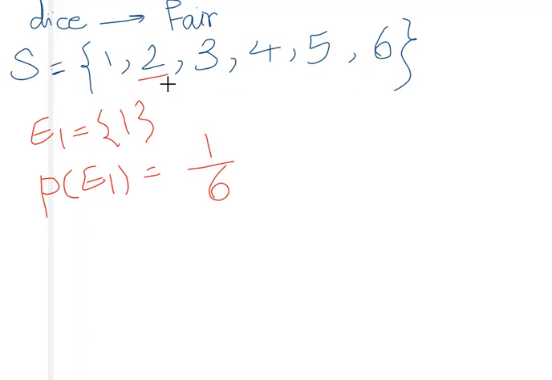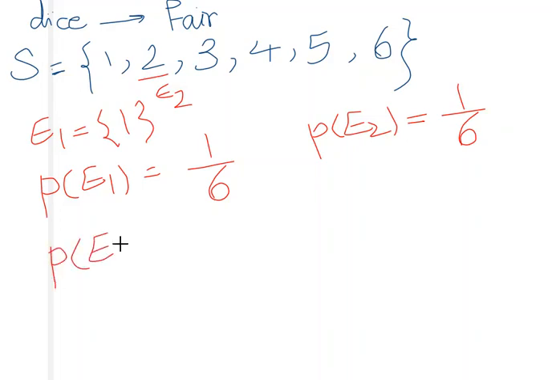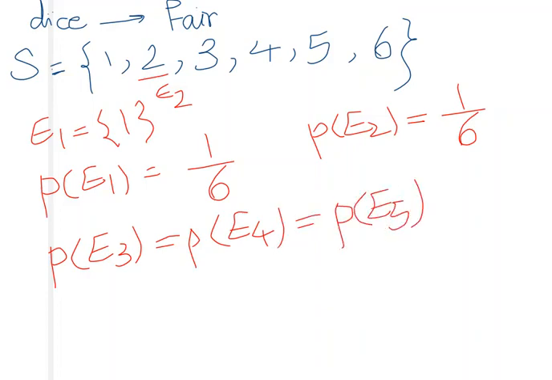This one is E2. The probability of E2 is 1 over 6. E3, E4. So the probability of E3 is equal to the probability of E4, E5, and E6, so all of them have the same chance to happen.